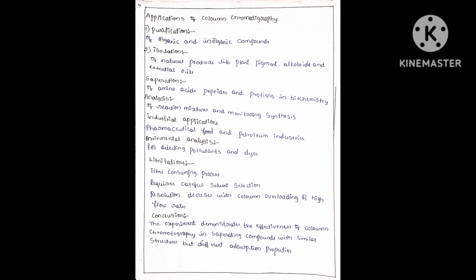Second one, isolation of natural products like plant pigments, alkaloids and essential oils. Third one, separation of amino acids, peptides and proteins in biochemical analysis, analysis of reaction mixtures and monitoring synthesis.